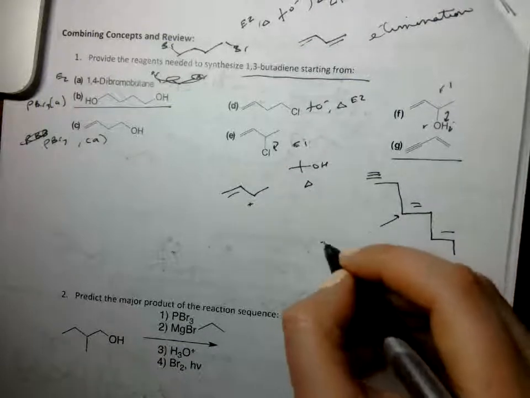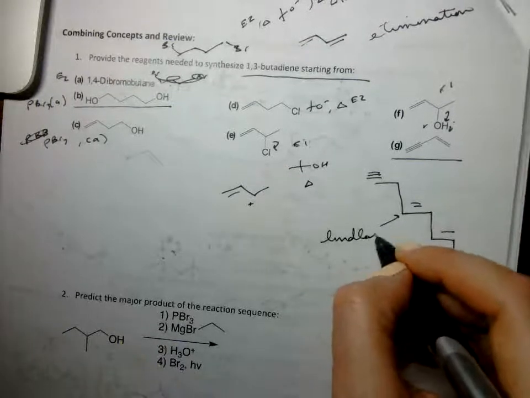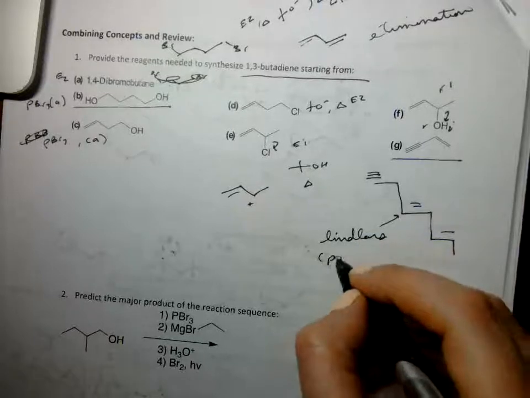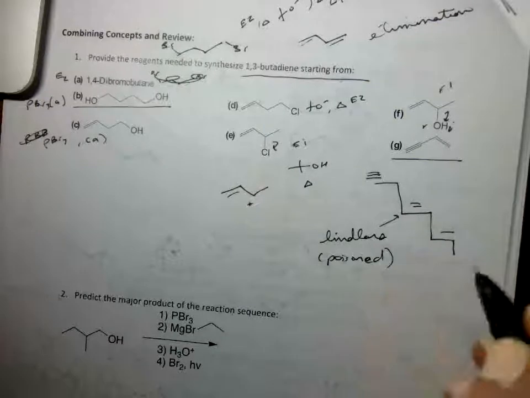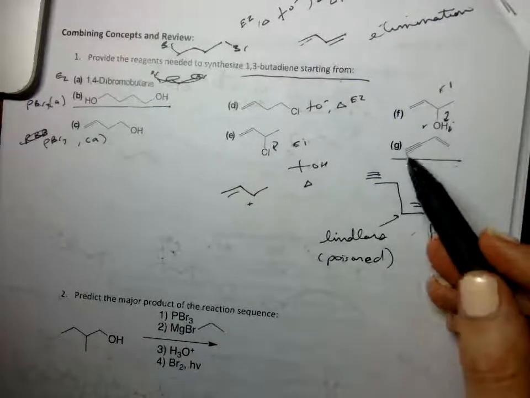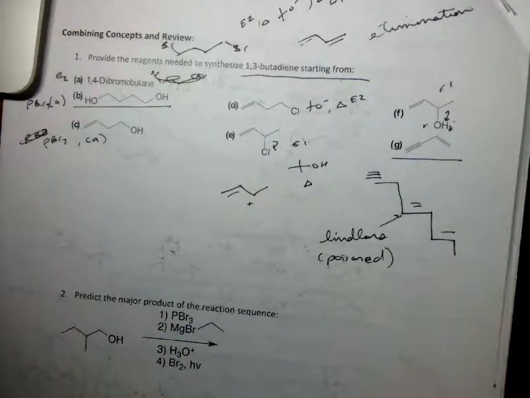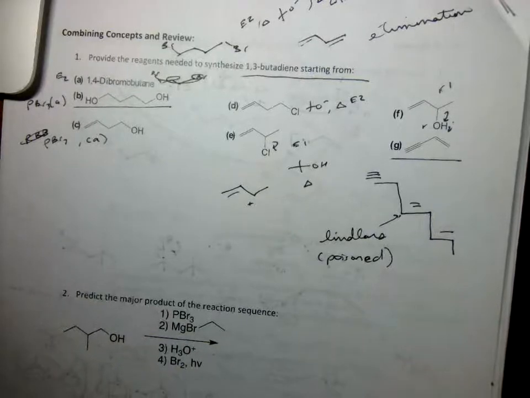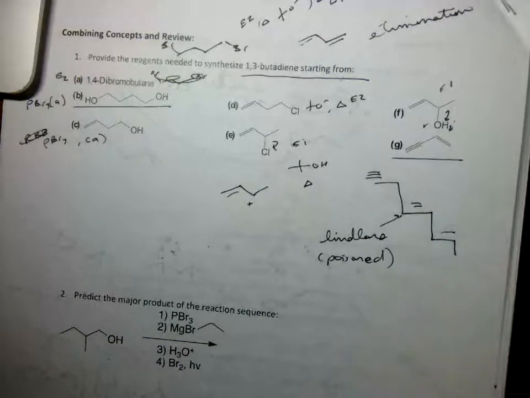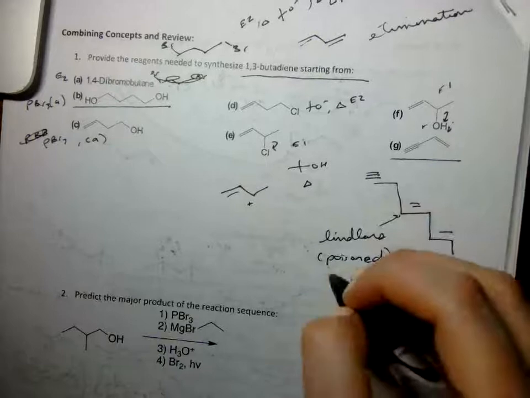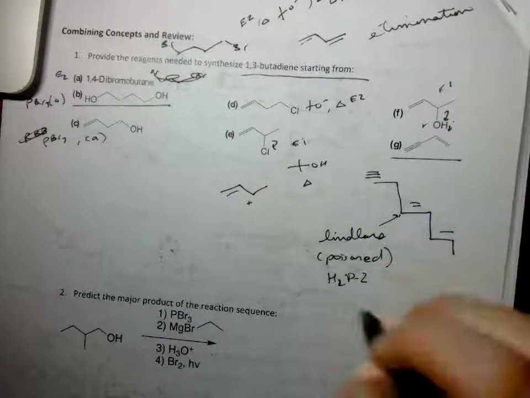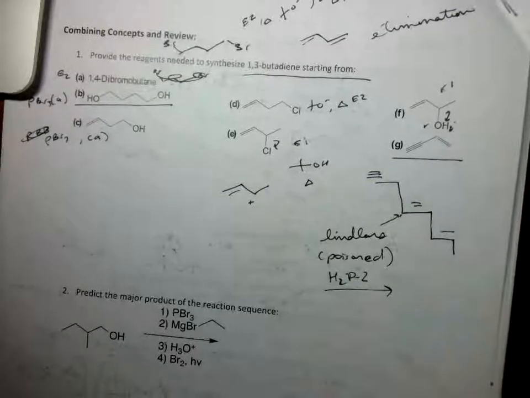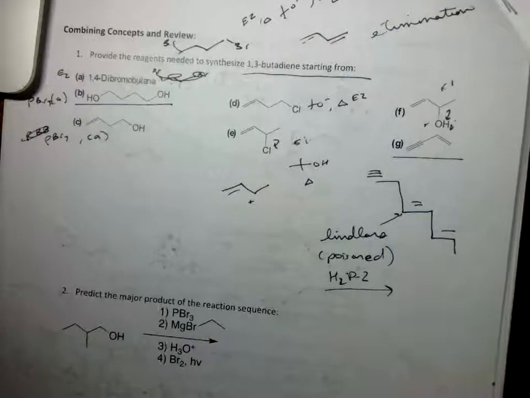And so we actually have Lindlar's catalyst as a good reason, which is also known as a poisoned catalyst. It will force your triple bond to only get reduced down to a double bond. And we learned about that with H2, Pd, a poisoned catalyst, and it'll take you from a triple bond to a double bond.